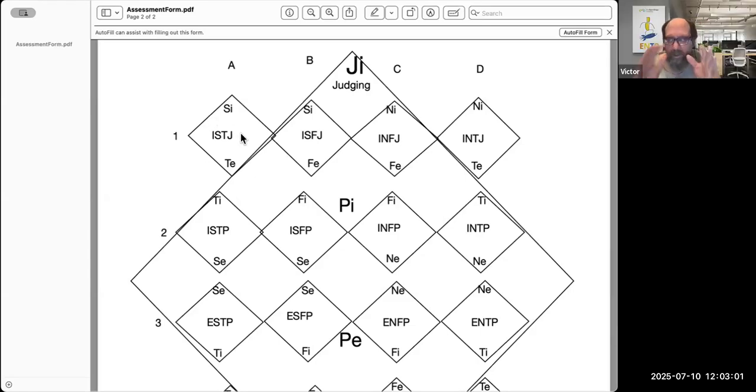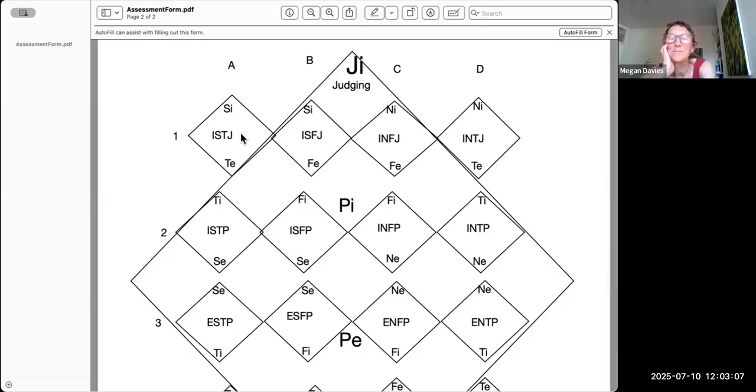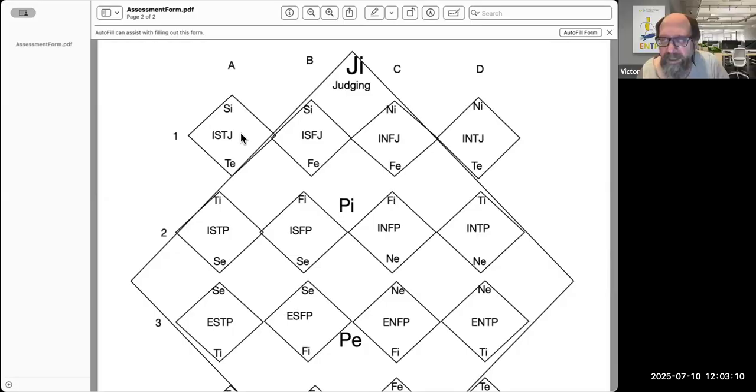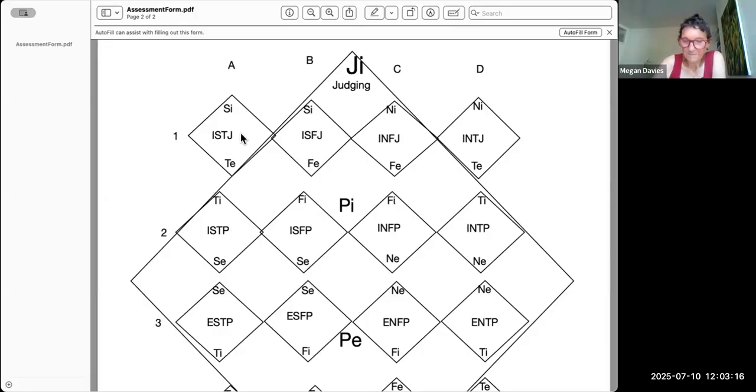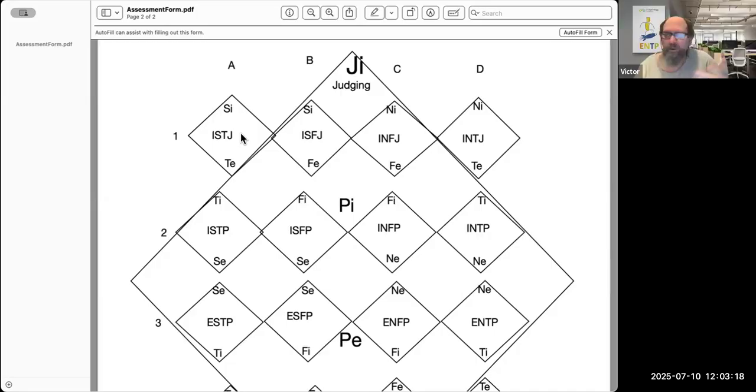I told you the Myers Briggs four-letter code is confusing. It doesn't always come second. All right, that explains it. That got me for 30 years. I'm not kidding. I learned it wrong in graduate school. I never could figure it out.